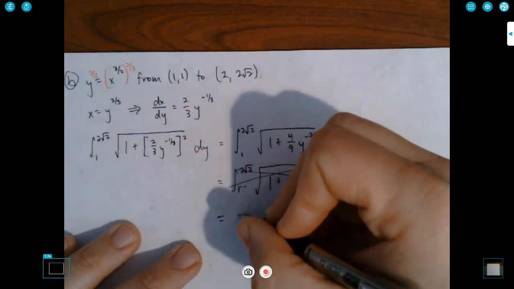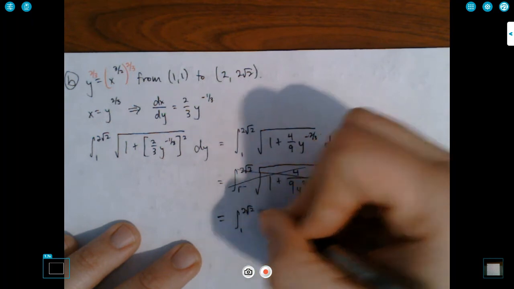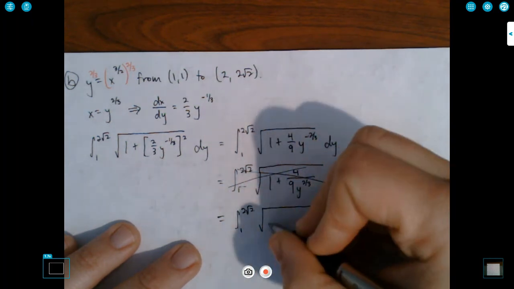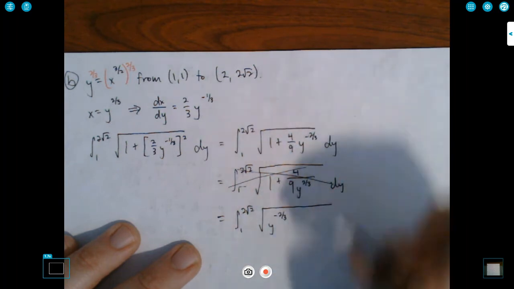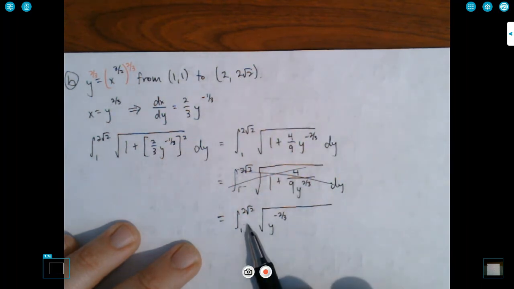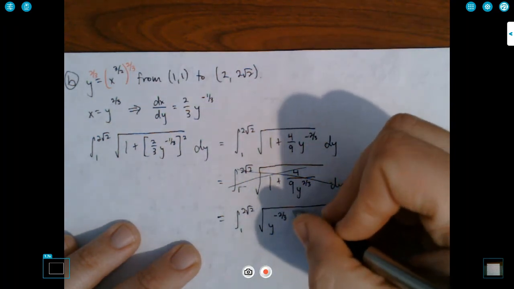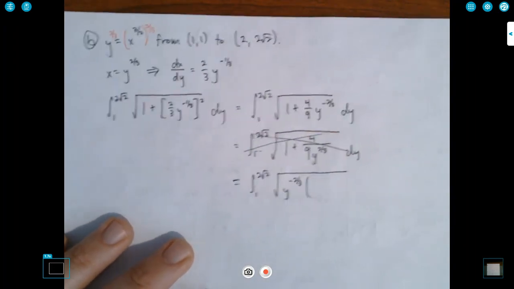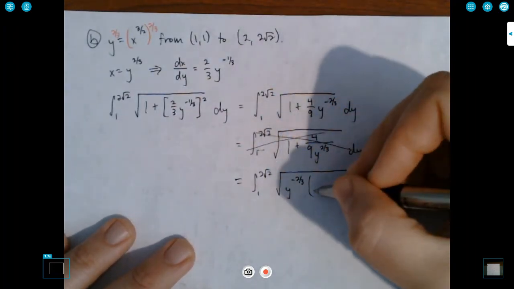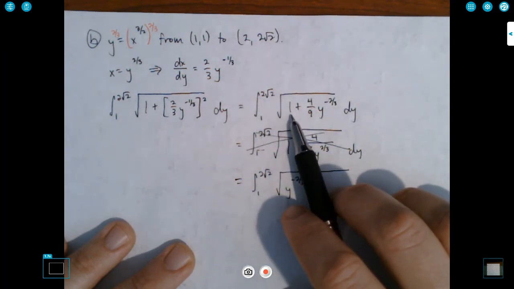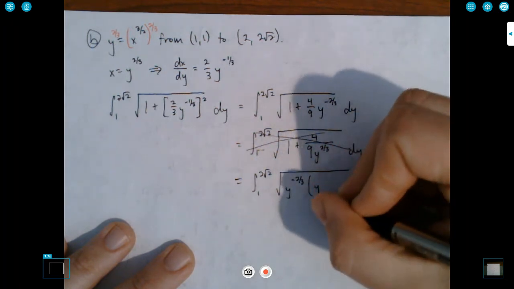I'm going to factor out a y to the negative 2/3, because I can take the square root of that and remove it outside of the radical, and that gives me some hope that when I do some u substitution, I'll have what I need sitting outside the radical. So I think this is the thing to do. So if I factor out a y to the negative 2/3, then I'd have to divide. 1 divided by y to the negative 2/3 is just y to the positive 2/3.